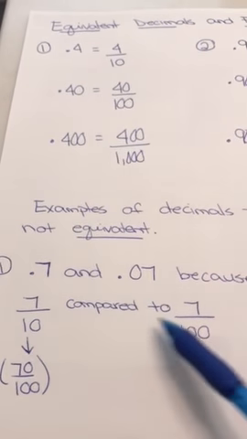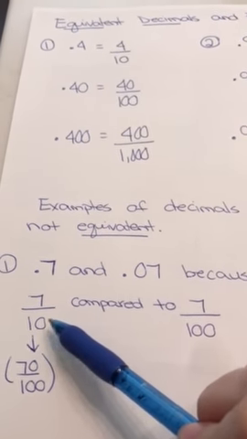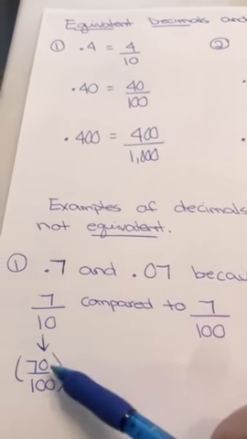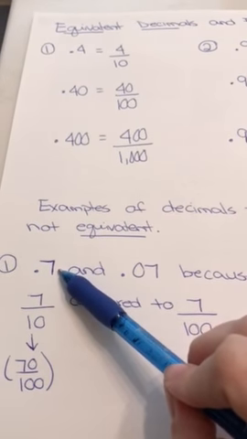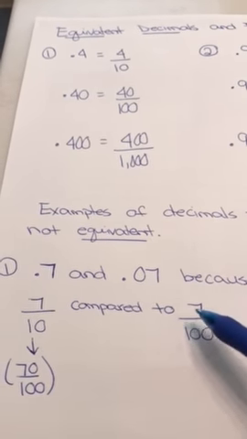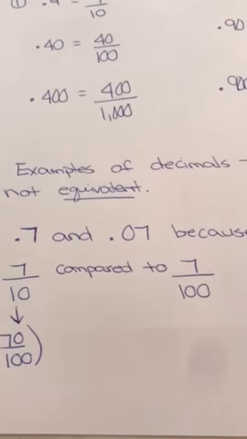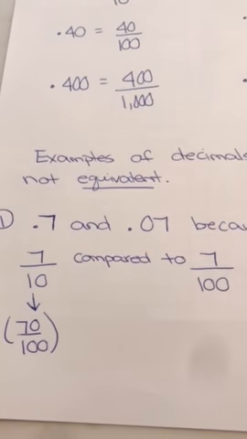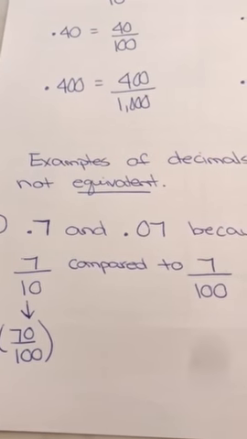If I want them to have the same denominator, I'm just going to change 7/10ths and times it by 10 to get 70/100ths. So 7/10ths is really 70 out of 100 compared to only 7 out of 100. So there's no way 7/10ths is the same as 7/100ths, because 7/10ths is really 70/100ths.